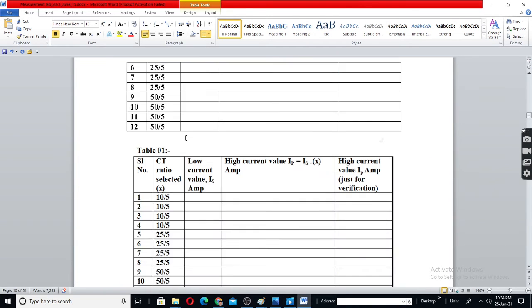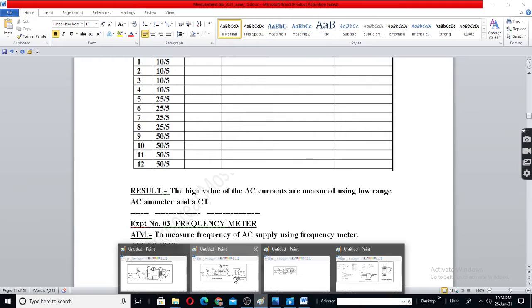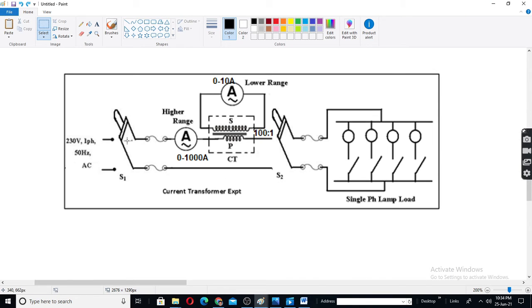Note that in a CT, when the primary is energized, the secondary should never be opened. See here, in a CT, the primary current is dependent on the primary circuit itself, not the secondary circuit.